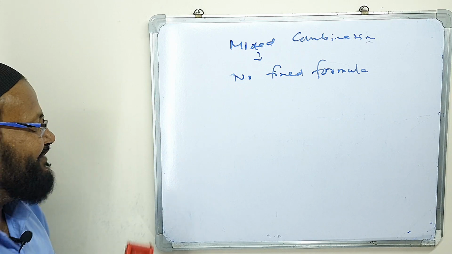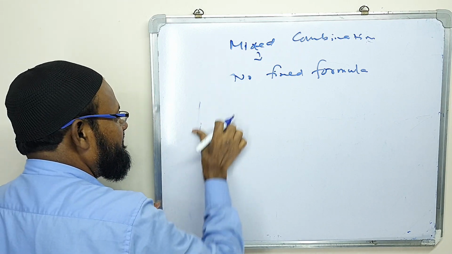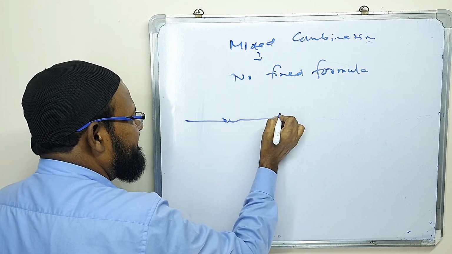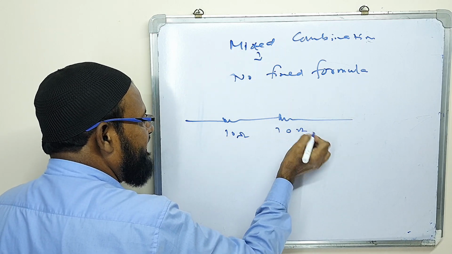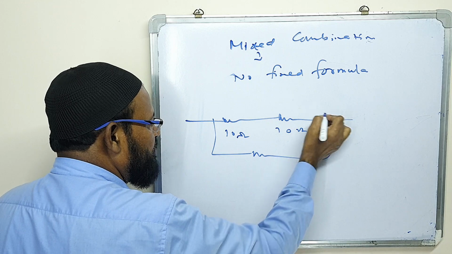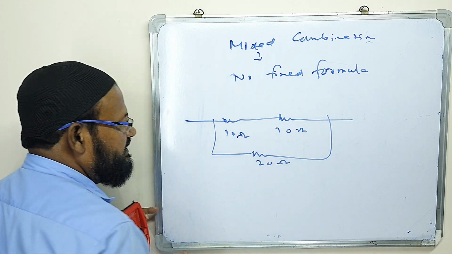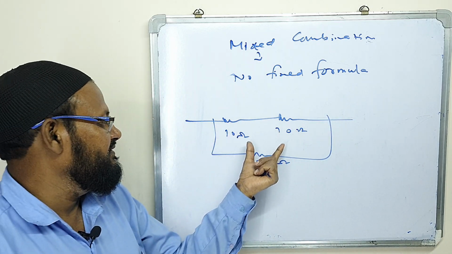I am giving one example. Please see here. This is 10 ohm, this is 10 ohm, and here is 20 ohm. These two are in series.